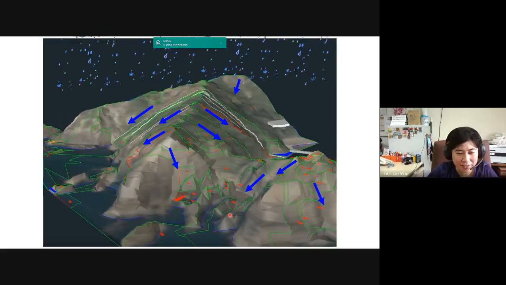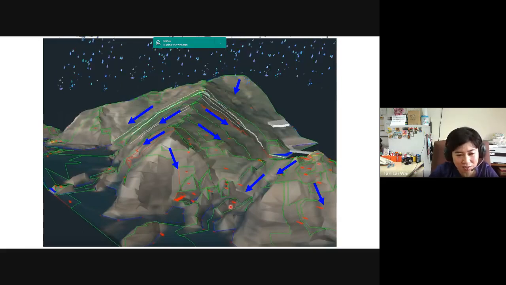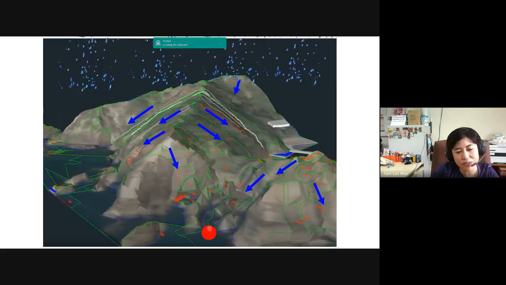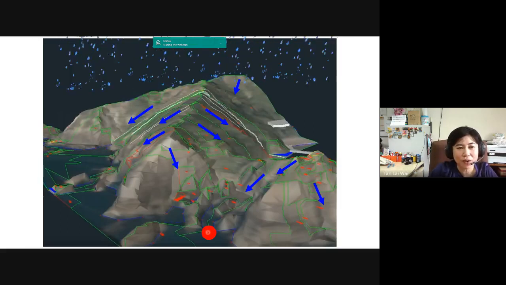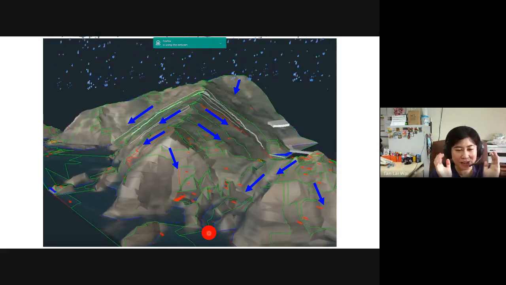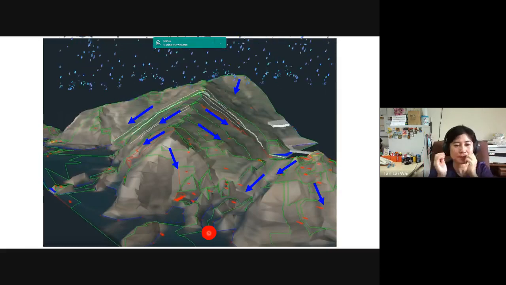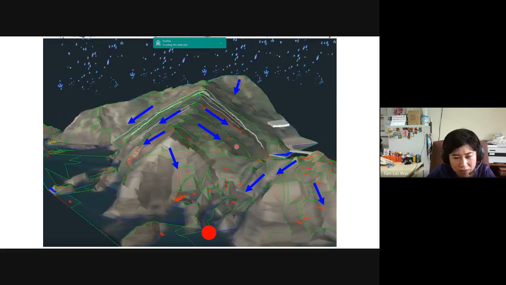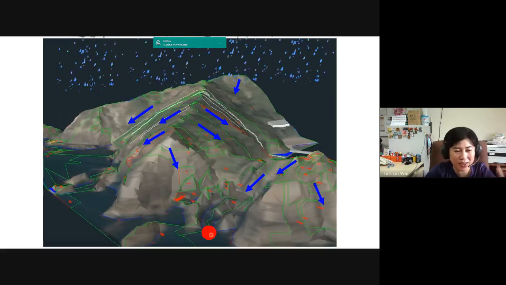Now, let's say I want to determine the size of a drain located here, denoted by the red circle. What is the size of the drain? Before I determine the size of the drain, I need to know how much flow I need to cater for. I can determine that from how much rain, or discharge due to rain, comes in and flows out from that drain.